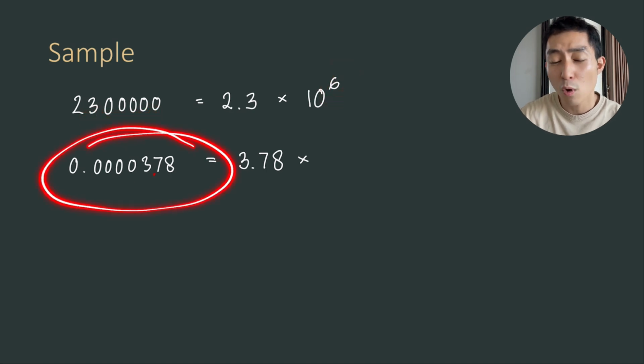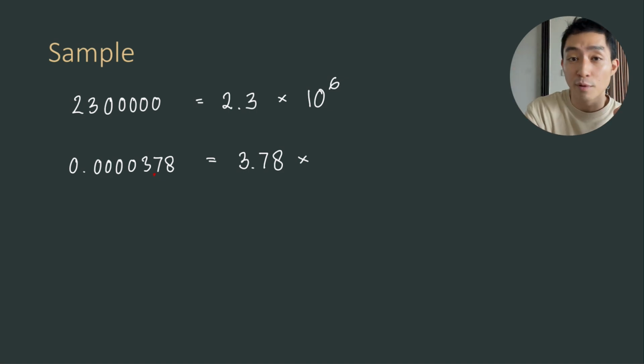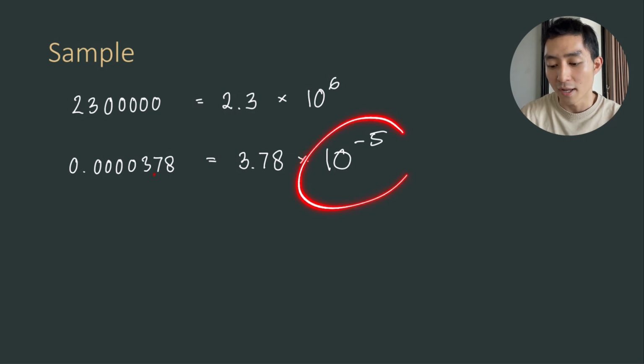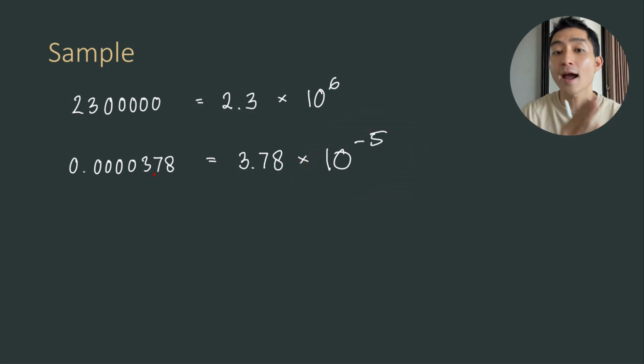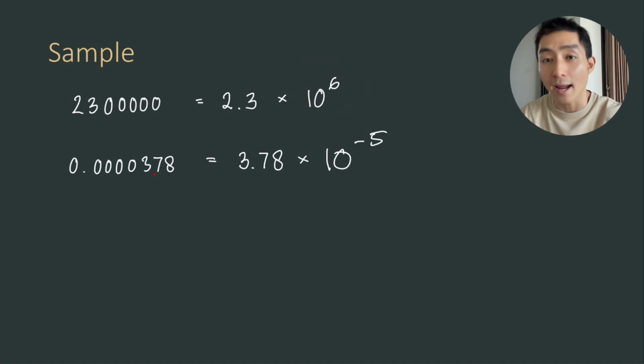Because this is a small decimal number between 0 and 1, the decimal moves to the left, in which case the power will be negative. Now we look at how many digits it moves to the left: 1, 2, 3, 4, 5. We move 5 times to the left, so we give a negative exponent: 10 power negative 5. So a negative exponent means we divide by 10, and a positive exponent means we multiply by 10.